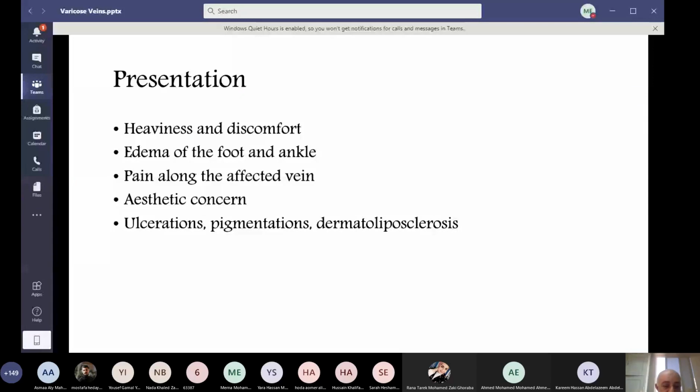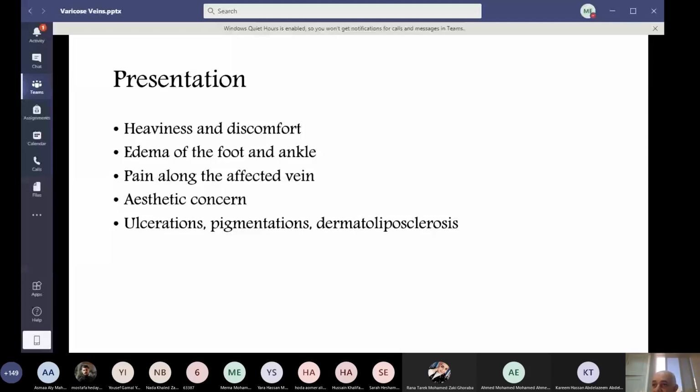Also, the patient can present with ulceration, pigmentation, dermatitis or sclerosis, but these complications can complicate long-standing varicose veins rather than being the primary presentation of these veins.